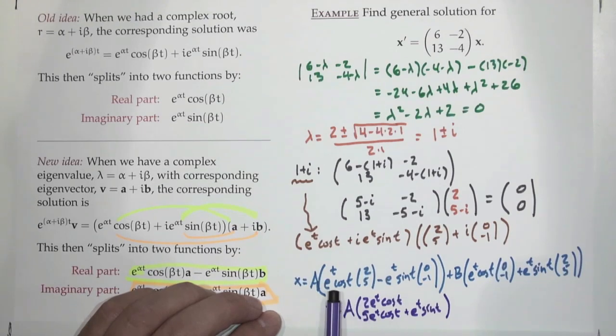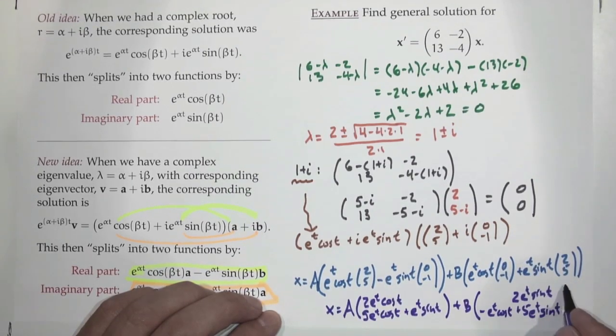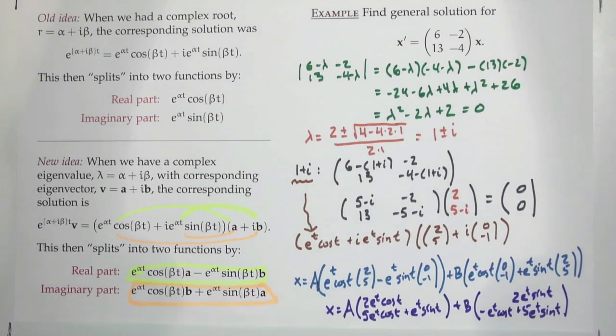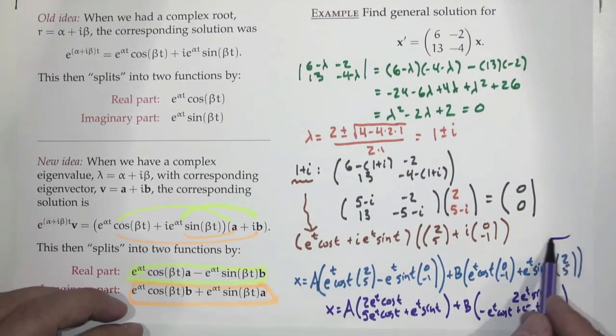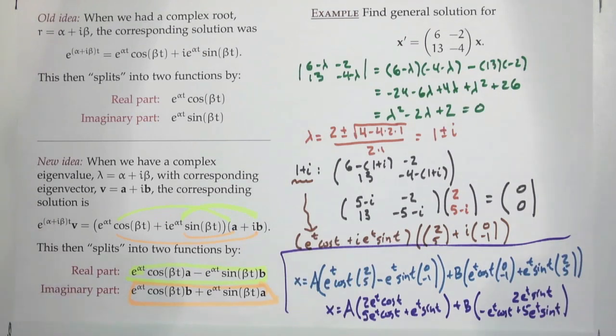So we combine these two pieces together into a single vector. Plus b, same thing here. There's no e to the t cosine t, but there is a 2 e to the t sine t, and then a minus e to the t cosine t plus 5 e to the t sine t. So either way to write it is full credit.